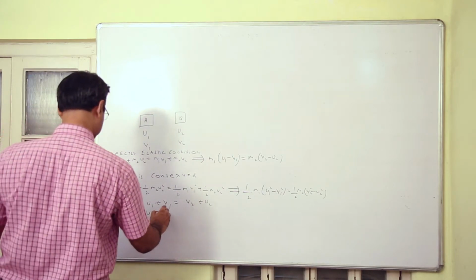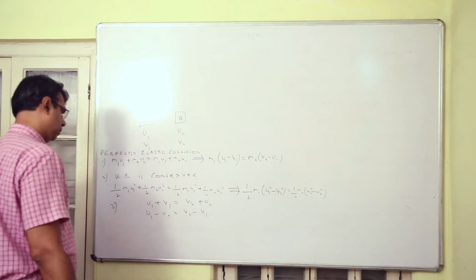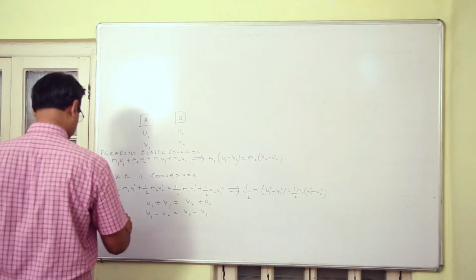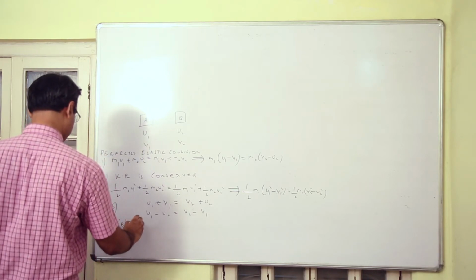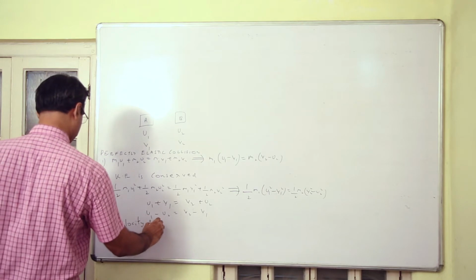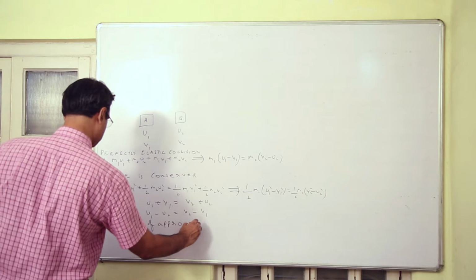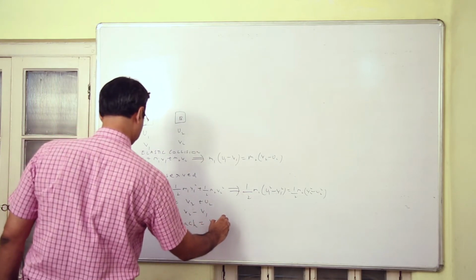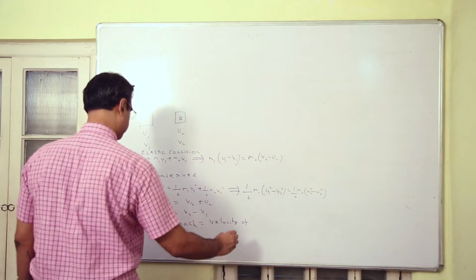So you can say that u1 minus u2 is equal to v2 minus v1. So that means velocity of approach is equal to velocity of separation.